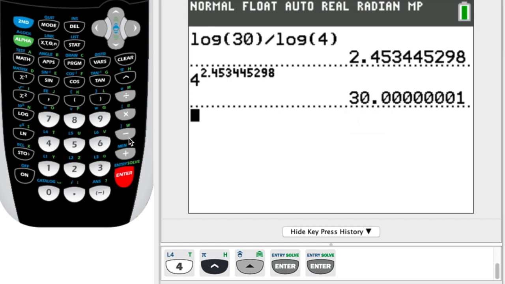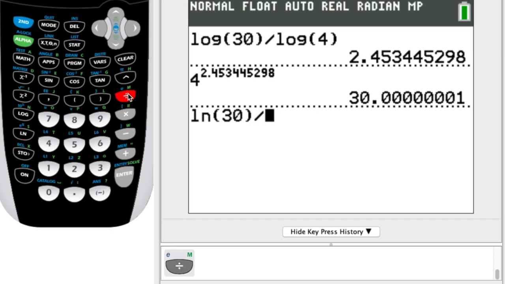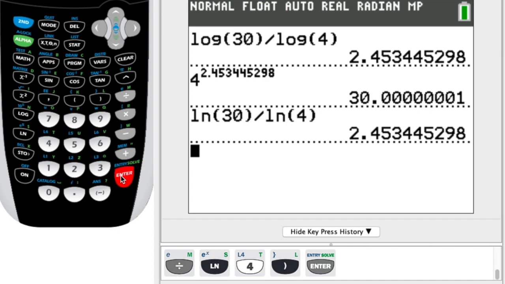So good answer. Well, let's do it with natural log. So it should work because natural log is just base e, right? So ln of 30 divided by ln of 4, enter, and I get pretty much that same number.